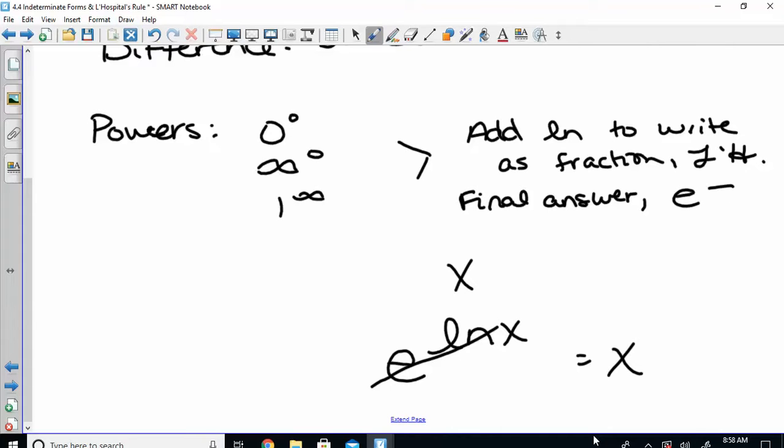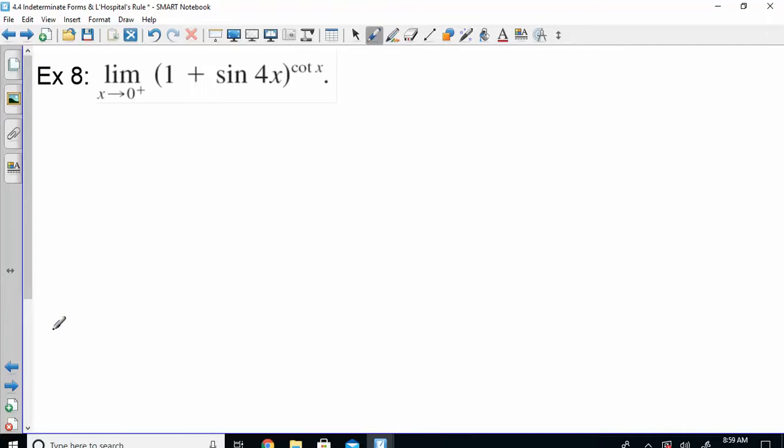So if we did the L'Hopital's and we got 5, then our final answer is e to the 5th. Because we added the natural log, we have to cancel that out. So we have to remember 2 things. If you add the natural log, then your final answer will be e to whatever power you get. Alright, so we are just going to work some examples with this today.